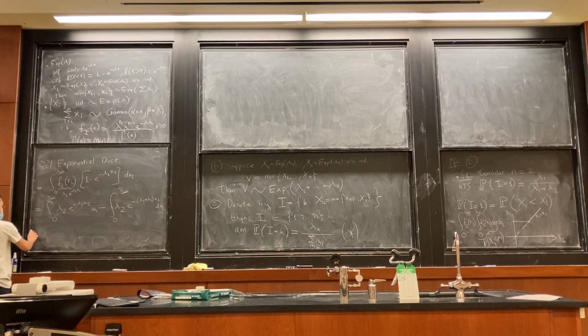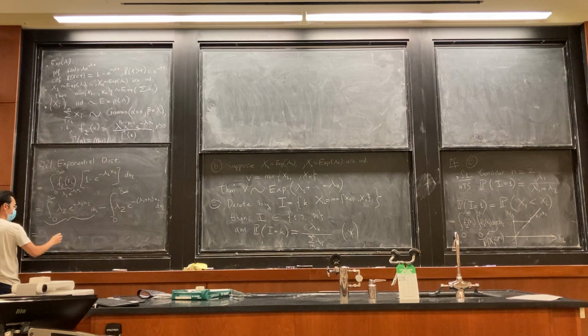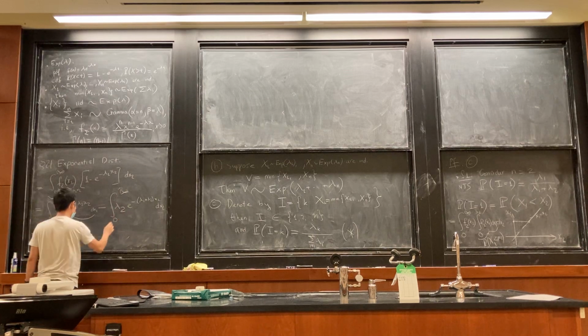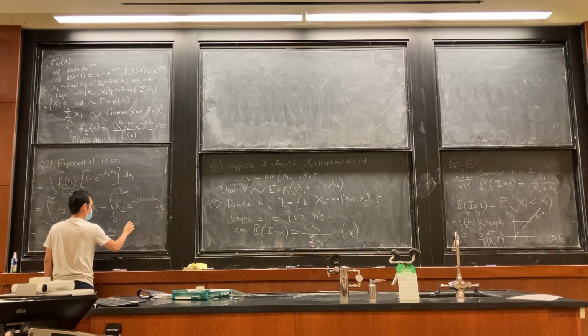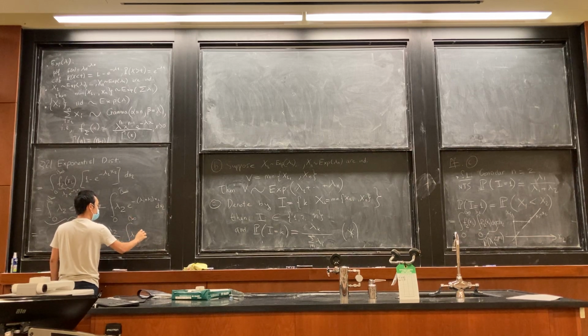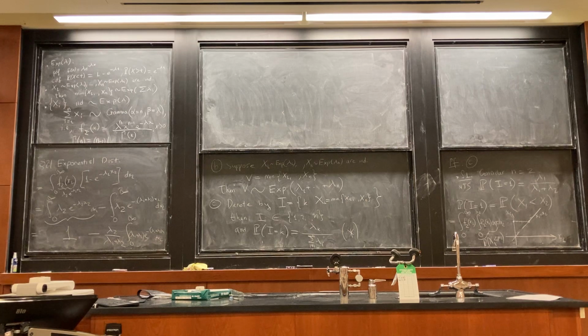The first one is simply one, because that is the total integral of the density. The second one, in order to simplify it, would be lambda 2 over lambda 1 plus lambda 2, times e to the minus (lambda 1 plus lambda 2) x2.